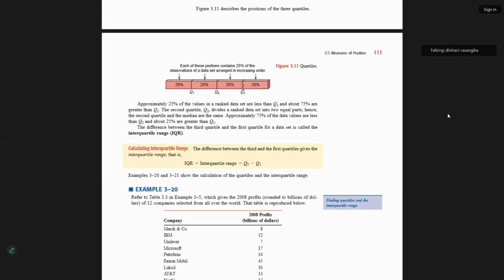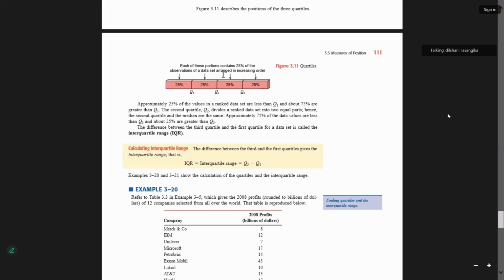Or else simply, when you find the median of your data set, you can separate the data set into two portions with regard to the median. That means the Q2, right?